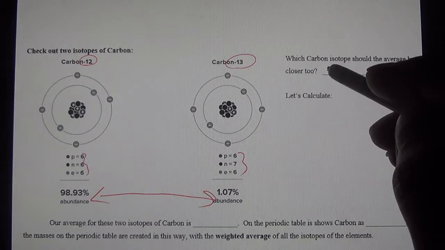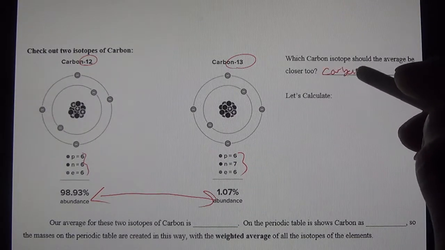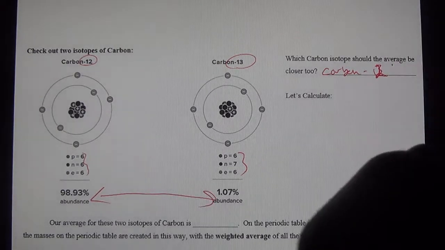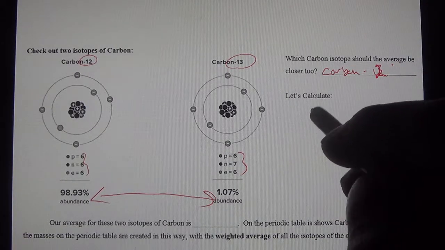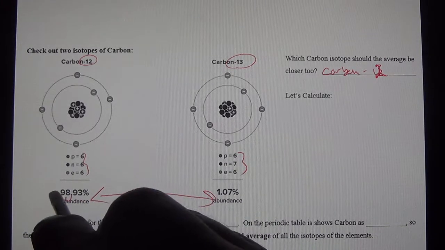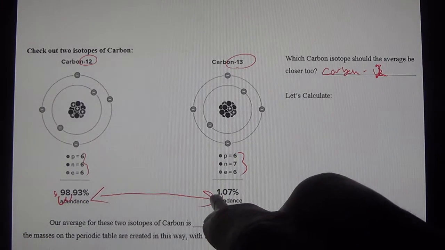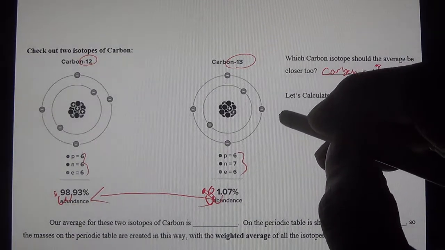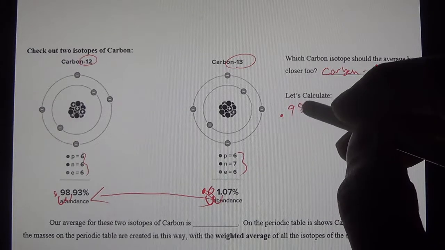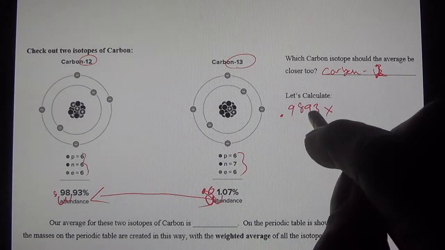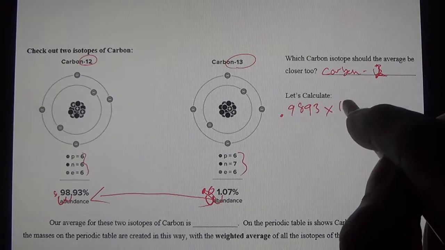It should be closer to the carbon 12 than the carbon 13. Okay, let's find out for certain. I need to change these abundances to decimals. Again, I move that decimal 2 places. Even with the 1, fill in a 0. Be very, very careful that you fill in zeros as needed. So I have 0.9893 times 12 AMUs.